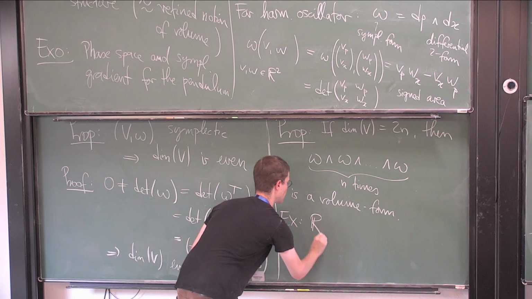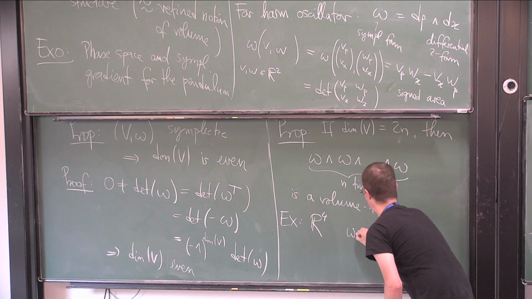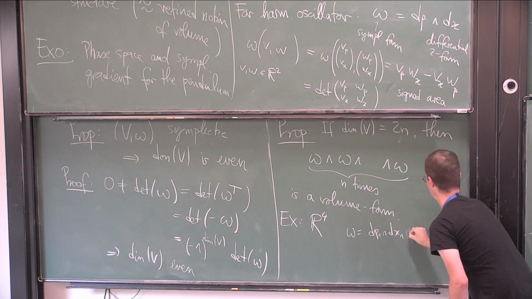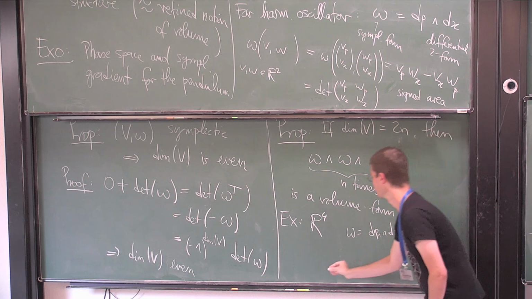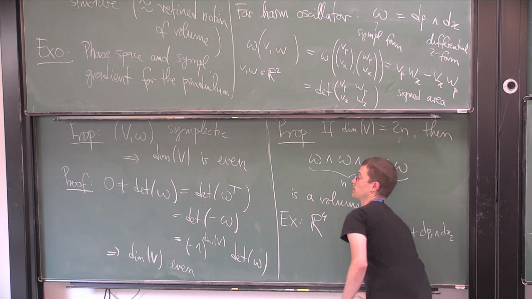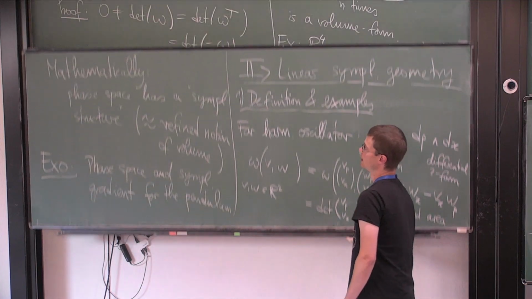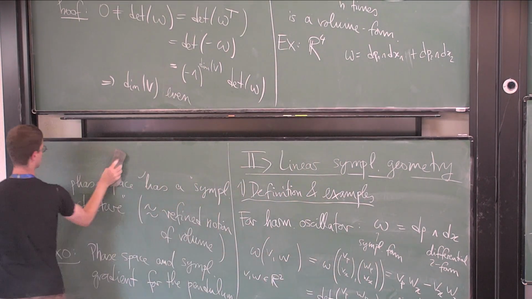Let's consider R4. So if I have omega equal to dp1 wedge dx1 plus dp2 wedge dx2, how would you compute omega wedge omega? I'm not sure to what extent you're familiar with these exterior products.